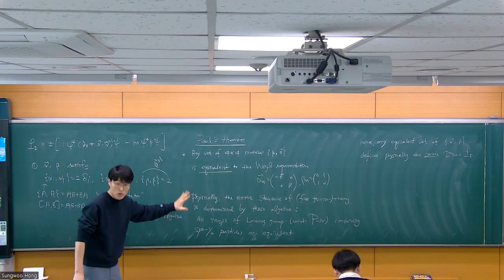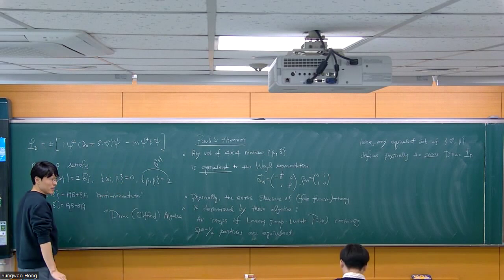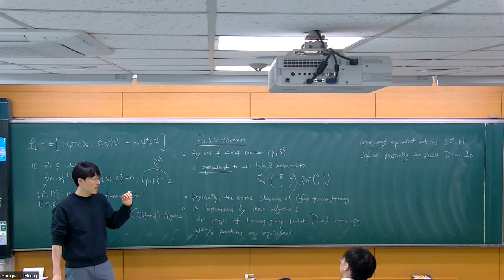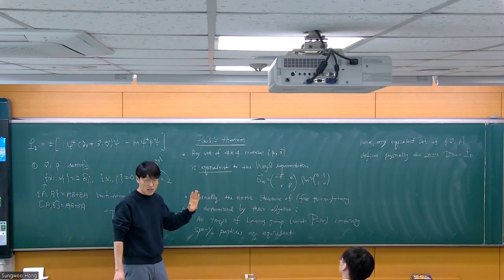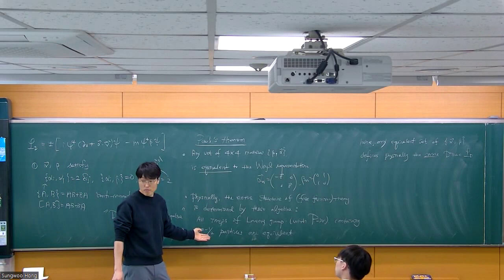So the statement, just to understand it, is this. If somebody hands you this algebra, one should be able to construct a representation under which spin half particles transform.